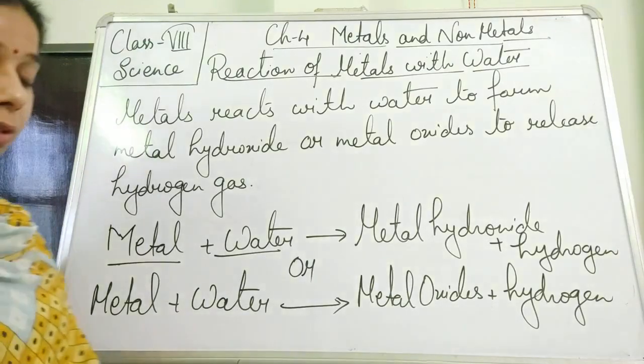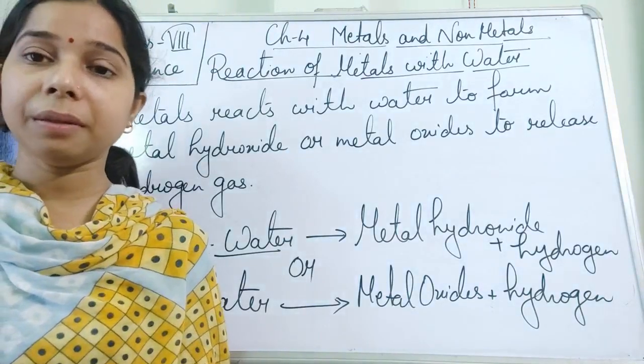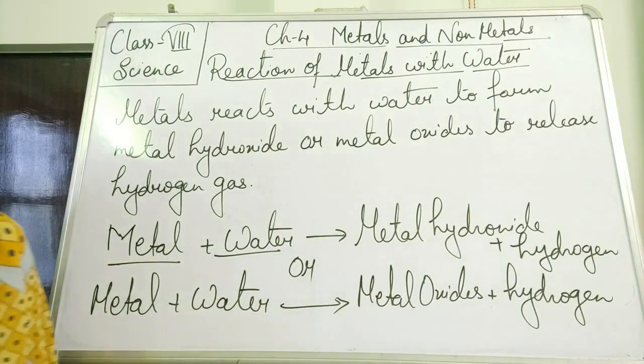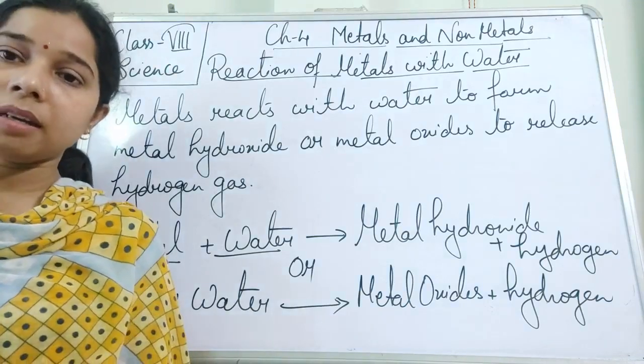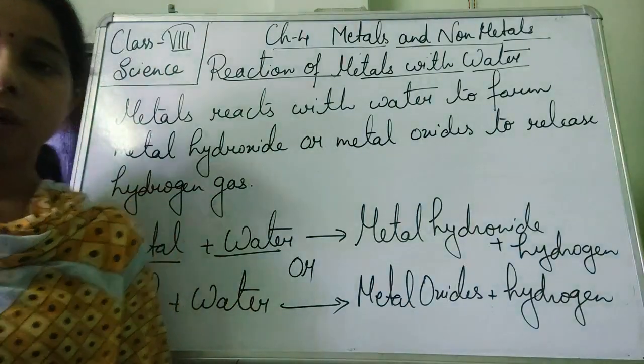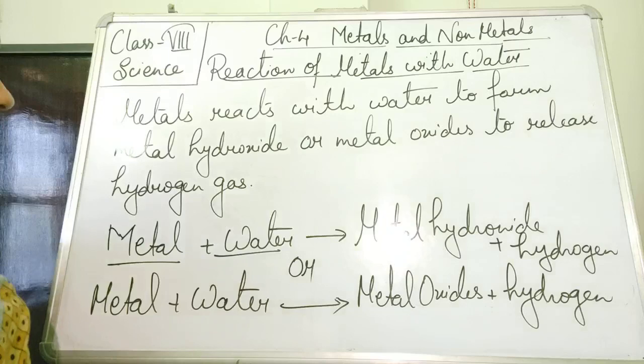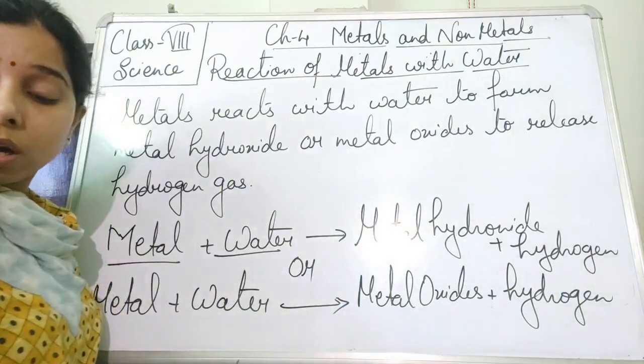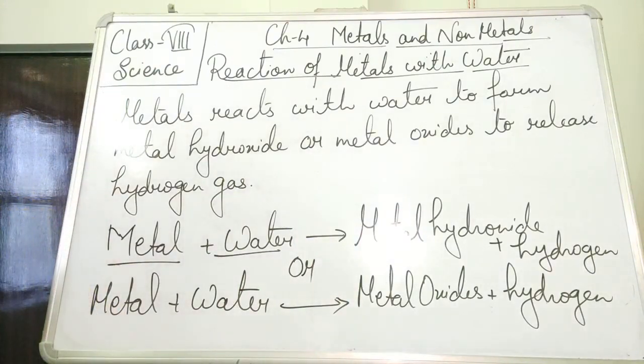Now different metals react with water under different conditions. Some of the metals are quite reactive with water, while some form the metal oxide to release hydrogen gas. Now we will see how the reaction takes place, students.